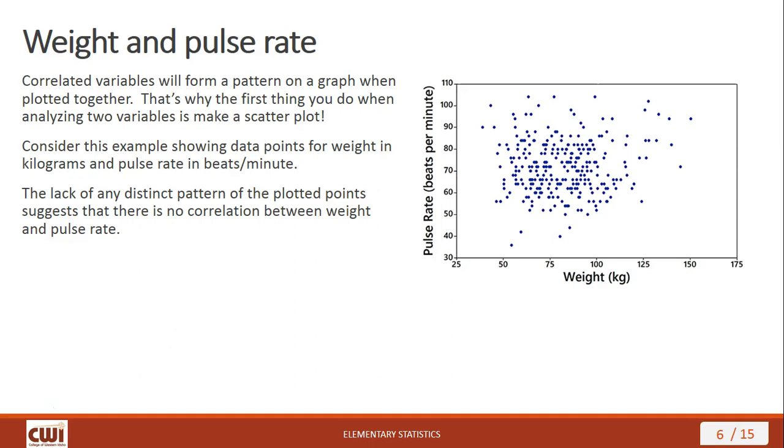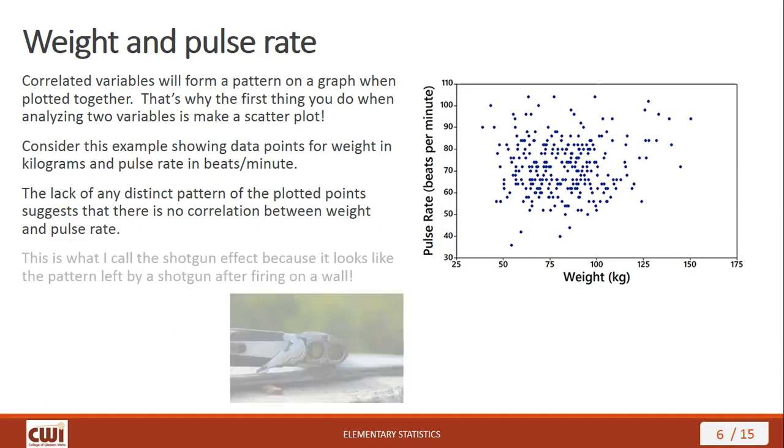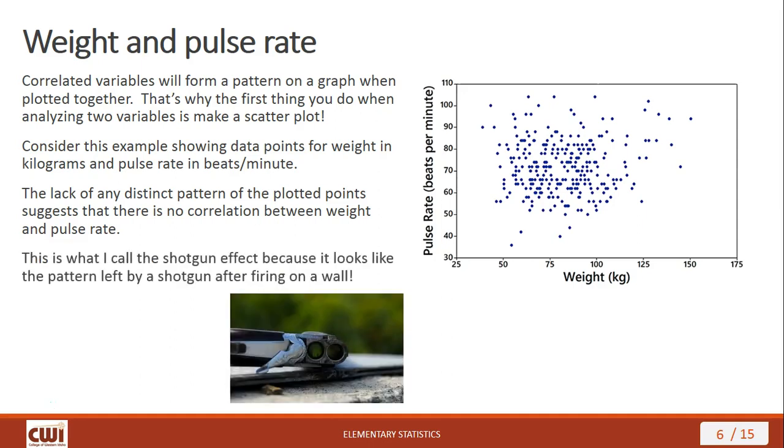And when you think about it, that makes sense. There's people of all different types of weight that have all different types of pulse rates. So we wouldn't expect a relationship between those two variables. Again, this is what I call a shotgun effect because it looks like the pattern left by a shotgun fired on a wall.